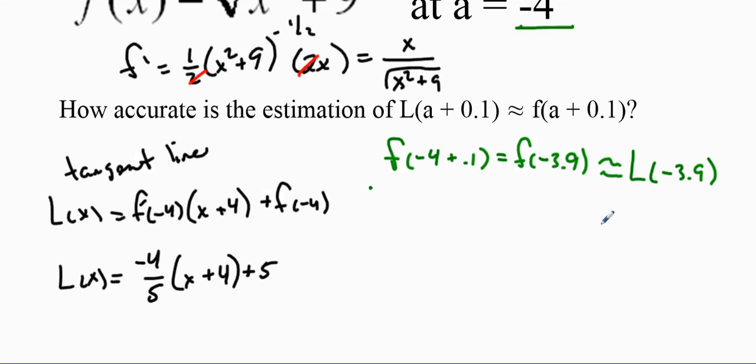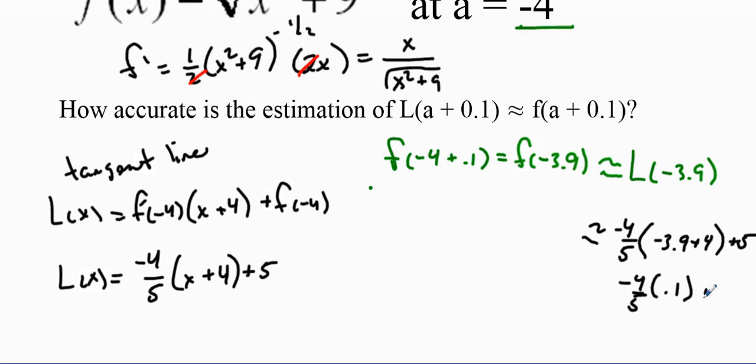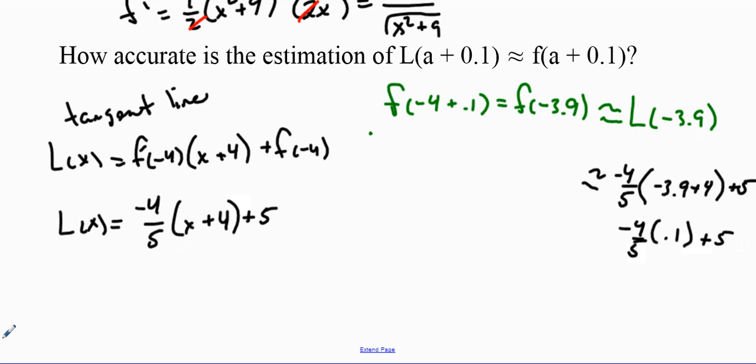Let's use that now to approximate what our actual value is going to be. So we have -4 fifths times -3.9 plus 4, and then I'm going to add 5. That's going to give me 0.1. Take that, -4 fifths times 0.1, plus 5. Do a little math here.